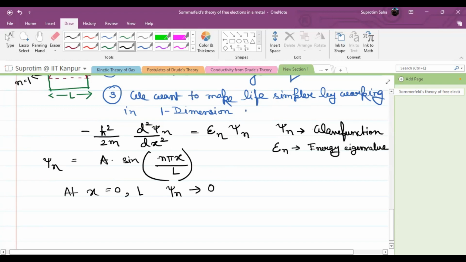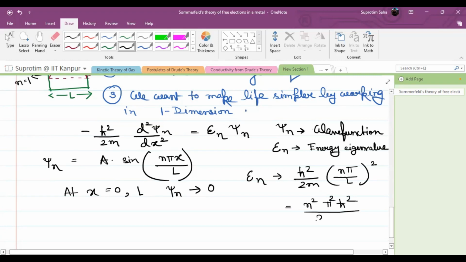Now doing a double derivative of the wave function, you can easily calculate that epsilon n is n squared pi squared h bar squared over 2m L squared. This is the energy eigenvalue.